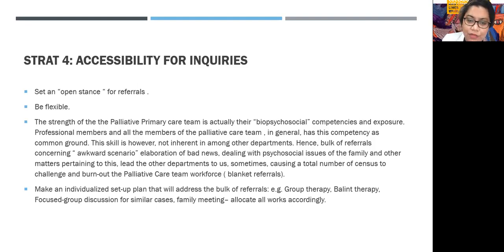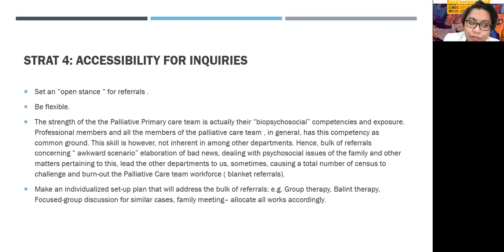This skill, however, is not inherent among other departments, hence the bulk of referrals concerning awkward scenarios, elaboration of bad news, dealing with psychosocial issues of family and other matters pertaining to these lead the other departments to the family medicine and primary palliative care, and of course the palliative care service, sometimes causing the total census to challenge and burn out the palliative care team workforce.